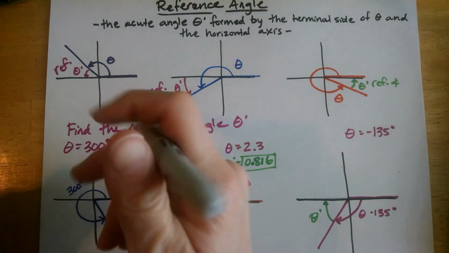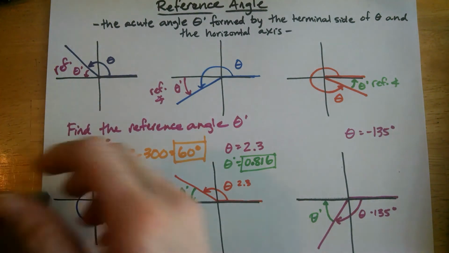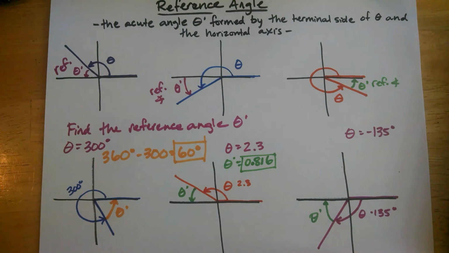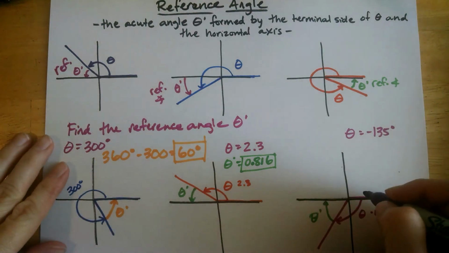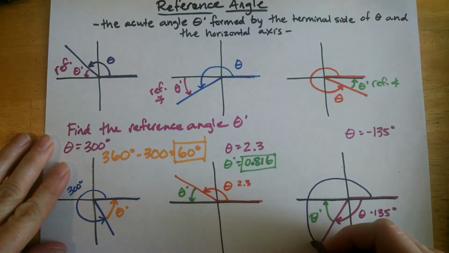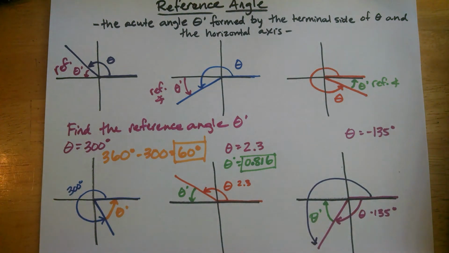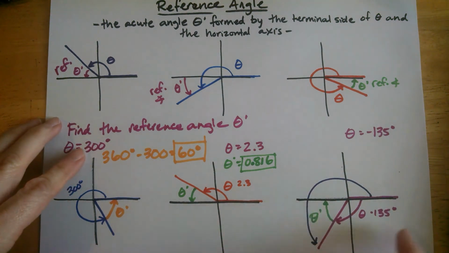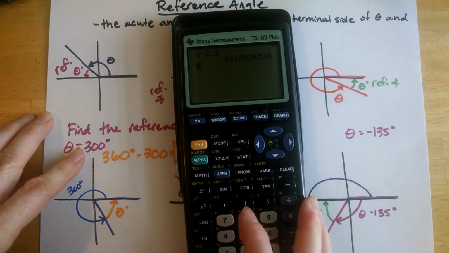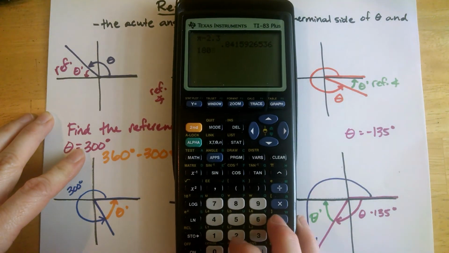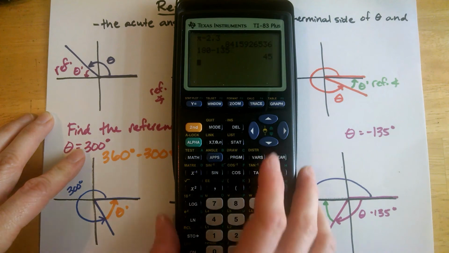You can think of 225, that would be this guy right here, if it's easier for you to think about it that way. Or you can take 180 and subtract 135, and that's going to be 45.